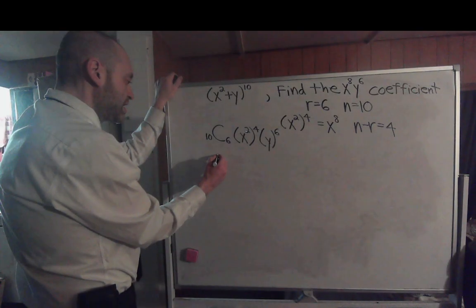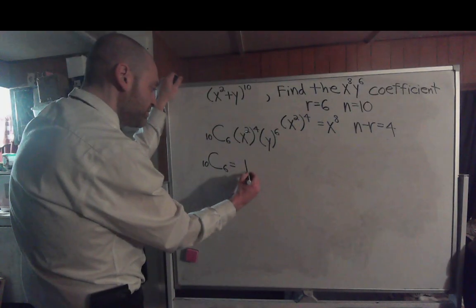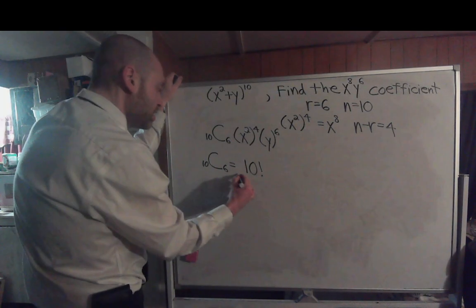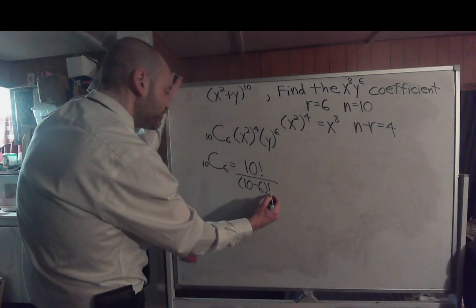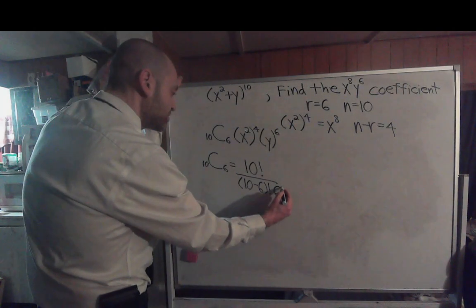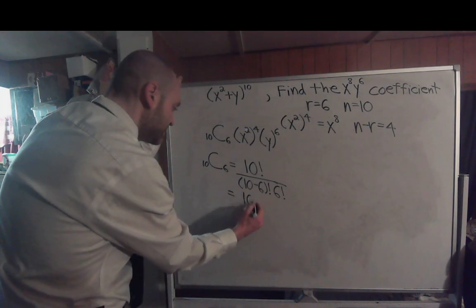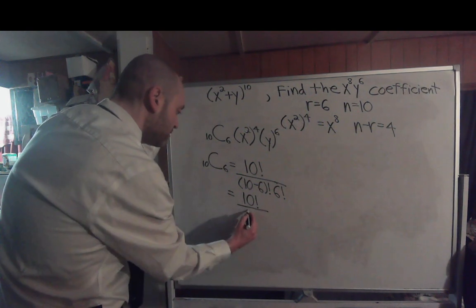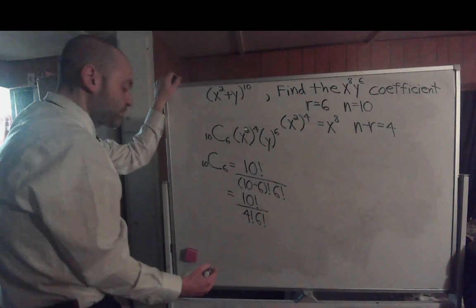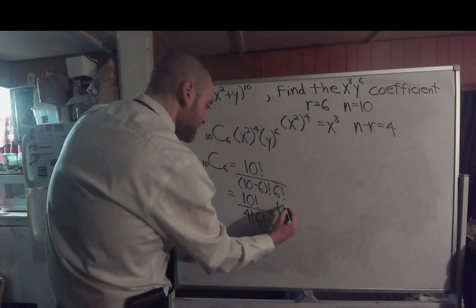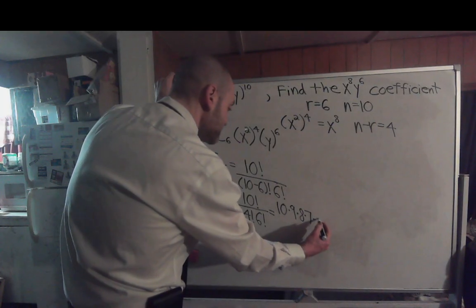So that combination of 10 things, 6 at a time, would equal 10 factorial all over the quantity of 10 minus 6 factorial times 6 factorial. So that's going to simplify into 10 factorial all over 4 factorial times 6 factorial. So this would become 10 times 9 times 8 times 7 times 6 factorial.